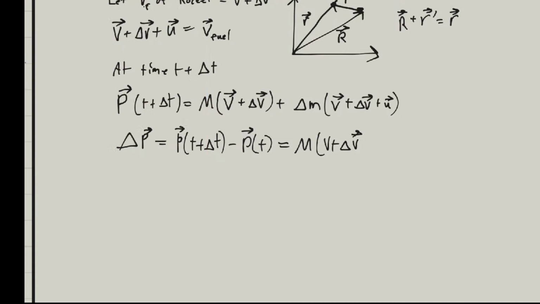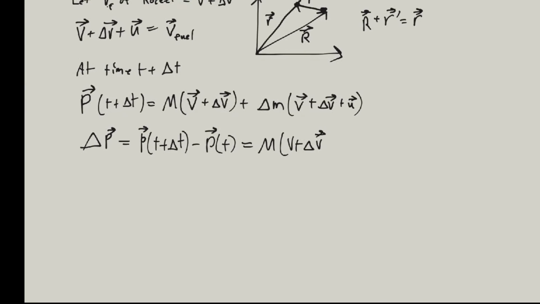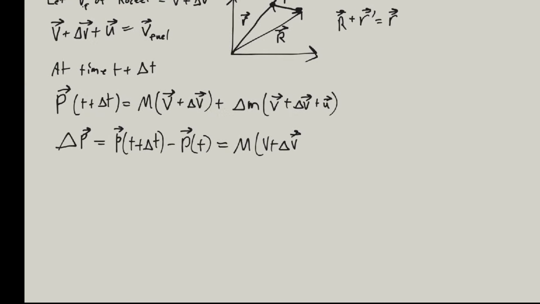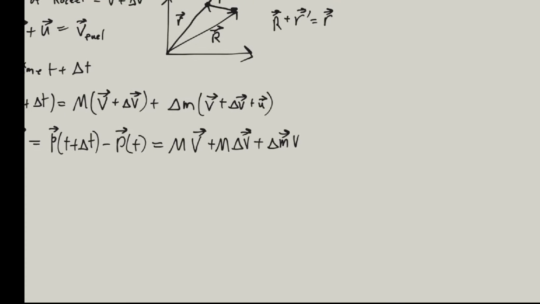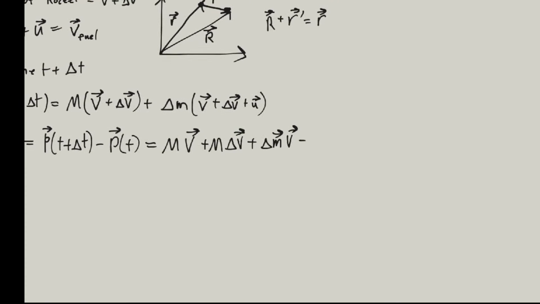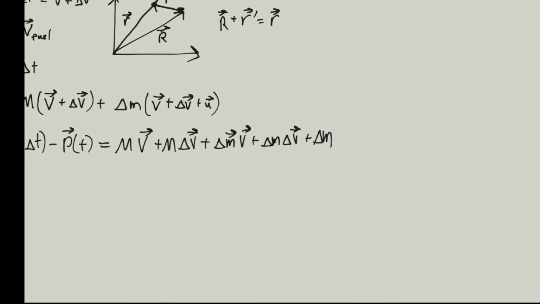Okay, so we have p of t plus delta t minus p of t. You know what? Since we're going to have things canceling, let's write this in a more helpful manner already. So we're going to have m times v plus m times delta v plus delta m times v, plus delta m times delta v plus delta m times u.